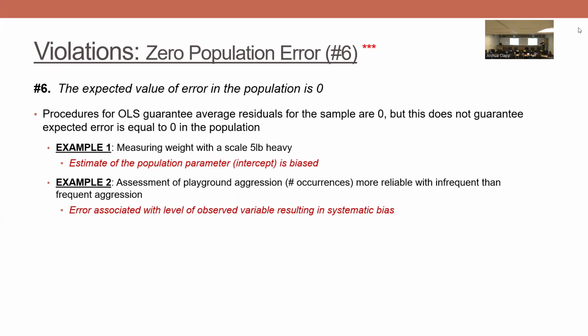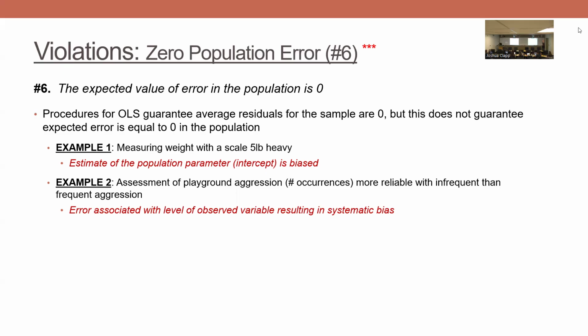Sometimes you're high, sometimes you're low, but you're not right on the mark with this. You've got a bias, you're either missing high or missing low, and so across the sampling distribution, your model applied to the population is going to be off base.